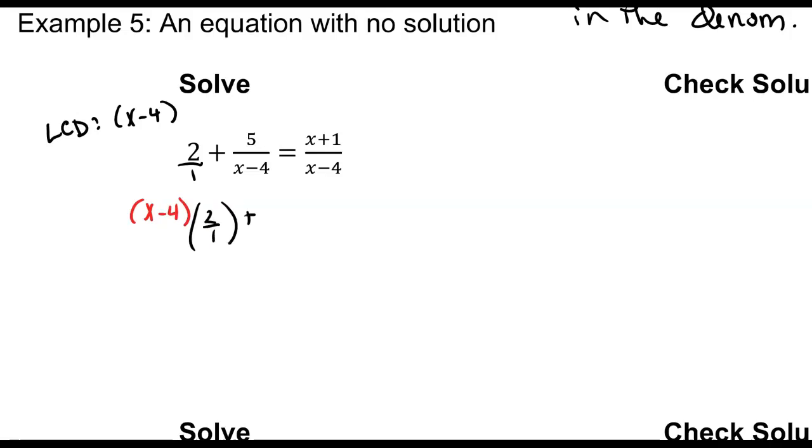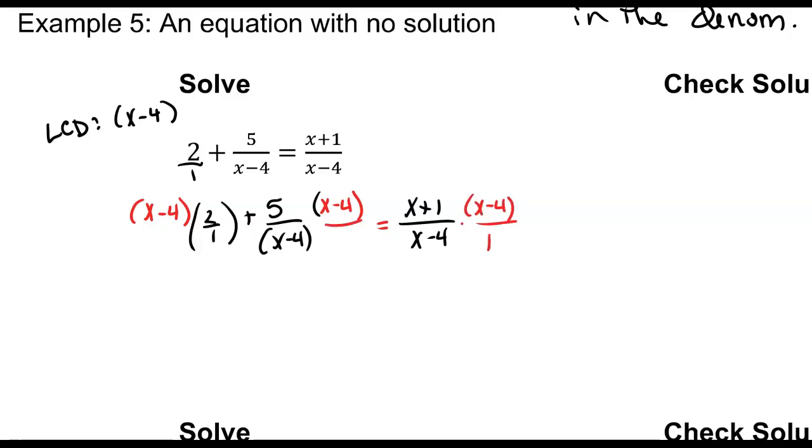And then we go plus, and we also know that 5 over x minus 4 is also getting multiplied by what? X minus 4. And then our lovely fraction over here, x plus 1 over x minus 4, is getting multiplied by x minus 4. And guys, if it helps you to put this over 1, put it over what? 1. For many of you, it helps.